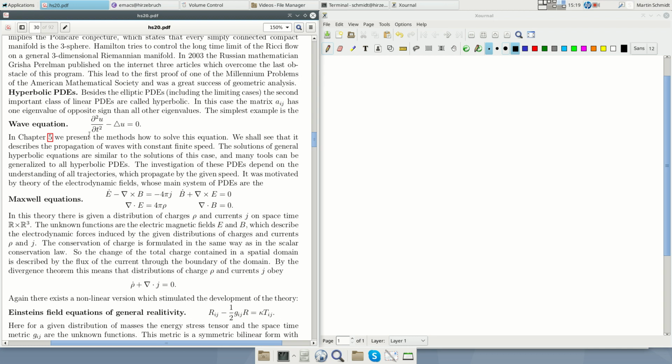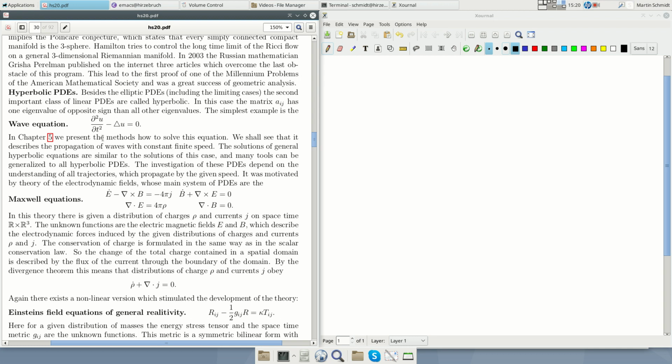And these equations have completely different behaviors and completely different solution methods. The solution method for the wave equation is quite similar to the method of characteristics. Again we will have to find some trajectories.